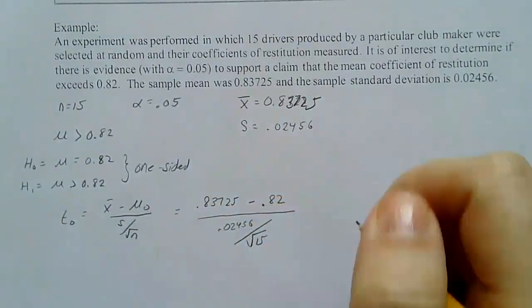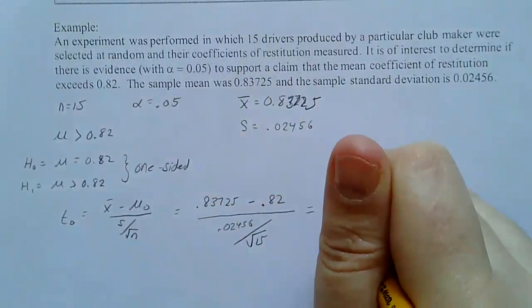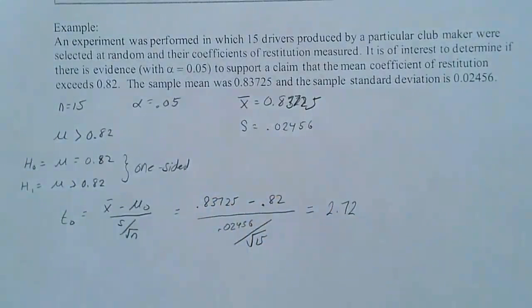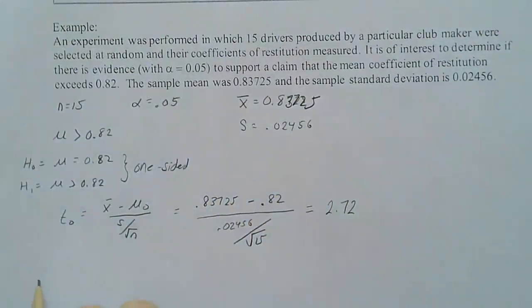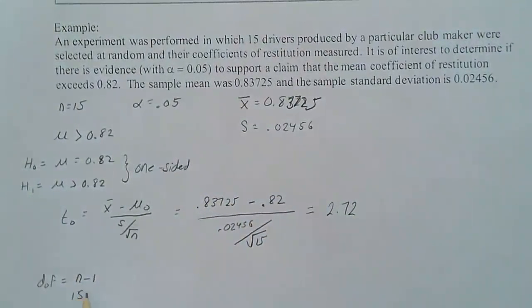That's our math to calculate our t-test statistic, and that is equal to 2.72. We're going to look at a t-distribution with 14 degrees of freedom, because remember, our degrees of freedom is equal to n minus 1, so 15 minus 1 equals 14.